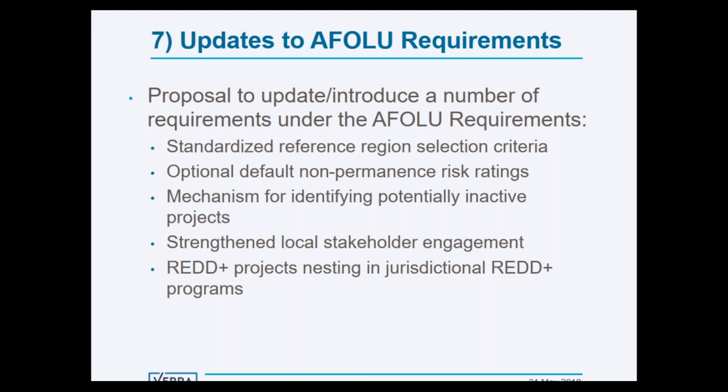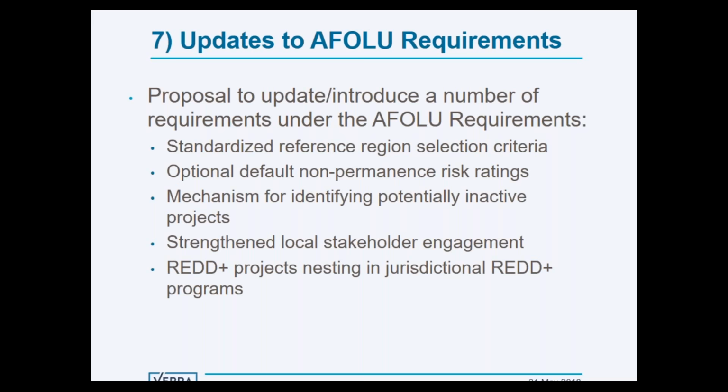Now, we're aware that that is a lengthy and costly process for both the developer and the VBB. But our observation is that, in fact, there's not much differentiation between the risk ratings that come out of that process. And so what we propose doing is going through an exercise of identifying what could be default non-permanence risk ratings that projects could apply without going through the non-permanence risk tool.